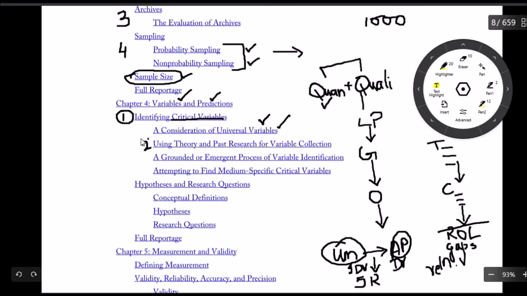Same thing happens over here also, and that is the reason why they have said, under identifying the critical, that yes, you need to use the theory. So your subject, you should be exposed to a lot of theories, number one. Number two, the past research and the variable collection, grounded or emergent process for the variable identification.